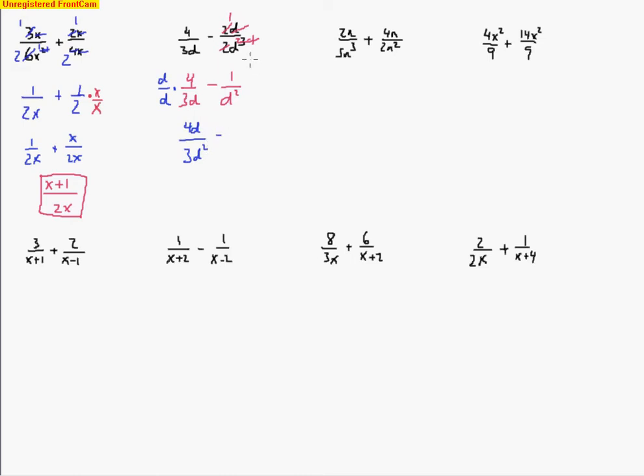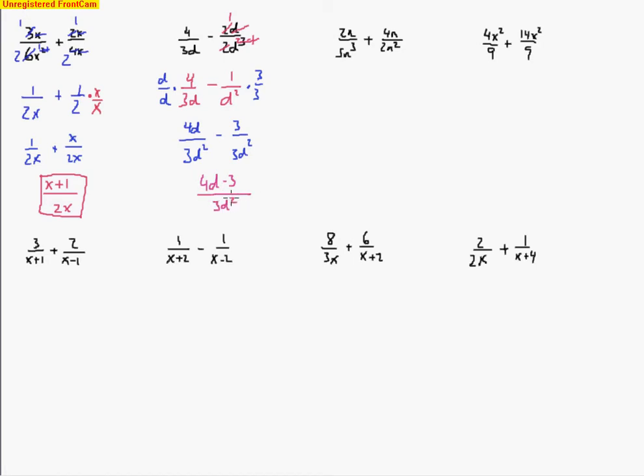Minus, now what does this one need? Well, this one already has the d squared. It's just missing the 3, so we'll multiply by 3 over 3, leaving me with 3 over 3d squared. So now I can combine these two fractions together because they have the same denominator. So my answer is 4d minus 3 over 3d squared.